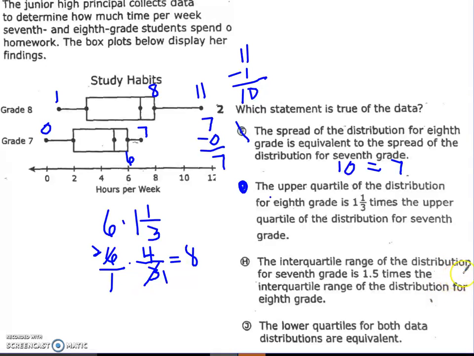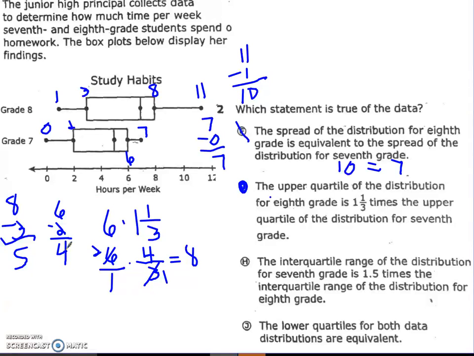The interquartile range of the distribution for 7th grade is 1.5 the interquartile range for 8th grade. Okay, this is 8. This is 3. 8 minus 3 is 5. This is 6. This is 2. 6 minus 2 is 4.